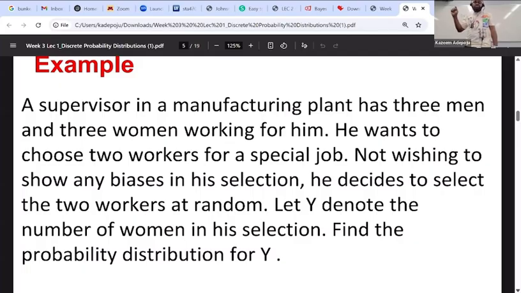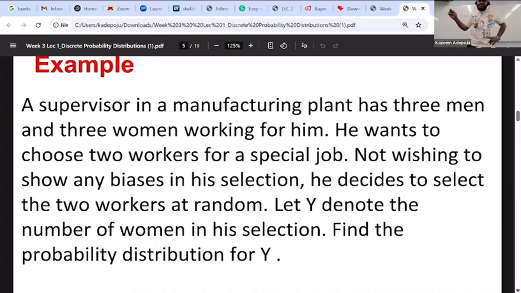Not wishing to show any bias in his selection, he decided to select two workers at random. It's like you want to give equal chance to everyone, and eliminate any favoritism or biasedness in the selection.